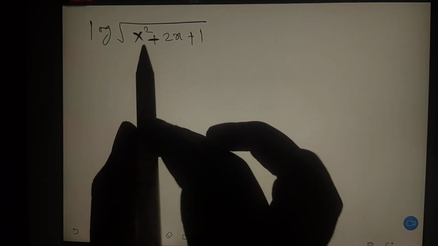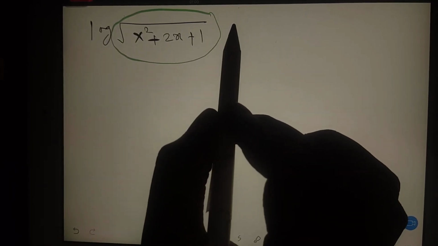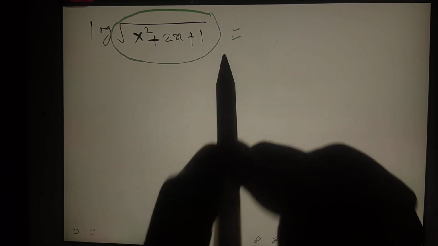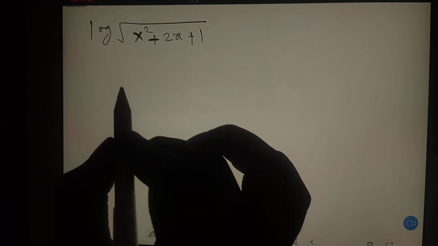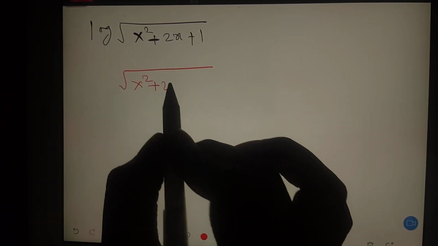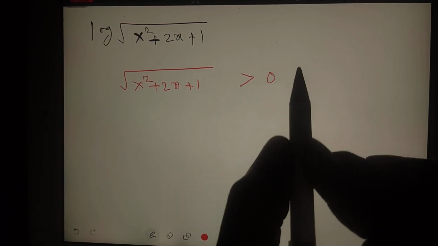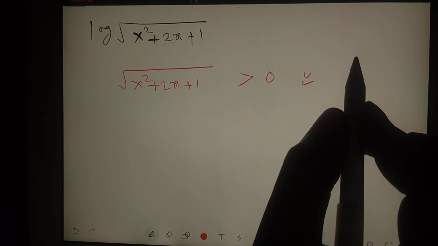So see here, in front of log, whatever is there, that should be more than 0. If you apply this condition in the beginning itself, then you will not make a mistake. So you apply the condition that x square plus 2x plus 1 should be more than 0. That's all. So you solve this equation.